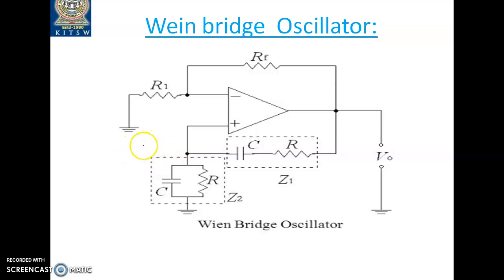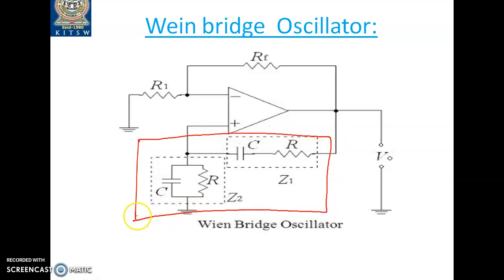This is the circuit diagram of the Wien bridge oscillator, and you can clearly identify that this is a feedback arrangement. The feedback is given to the non-inverting input of the operational amplifier. This is the amplifier gain, this is beta, this is V naught, and here I can write Vf.